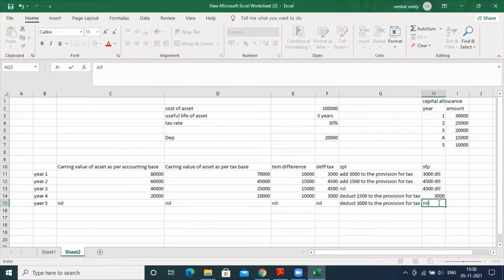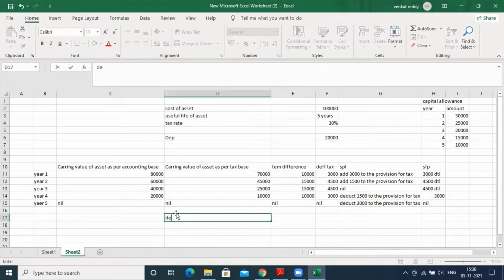If the deferred tax increases, generally we add that particular increased amount to the provision for tax and we will be recognizing the total deferred tax liability in the statement of financial position. And if the deferred tax decreases, then we will be deducting it to the provision for tax in the statement of profit and loss account and an equivalent amount will be deducted in the liability of the statement of financial position.